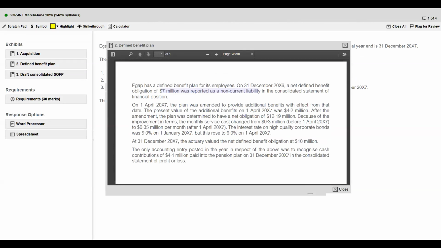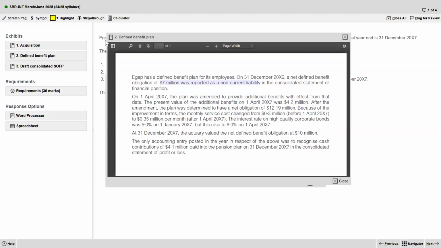So basically, it says that 7 million was reported as a non-current liability in the consolidated statement of financial position.